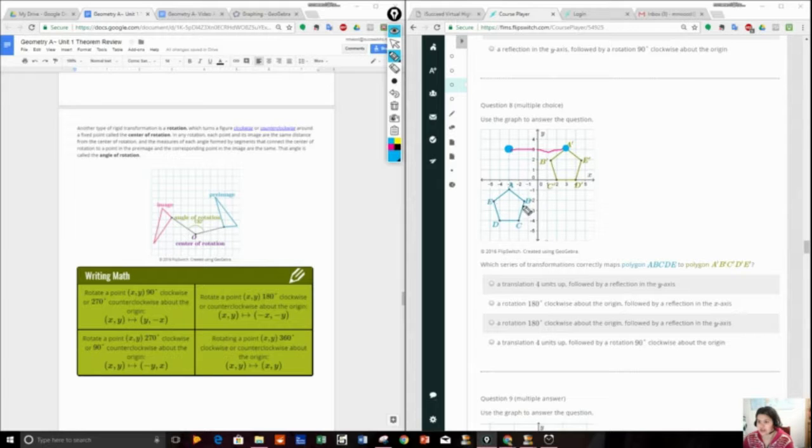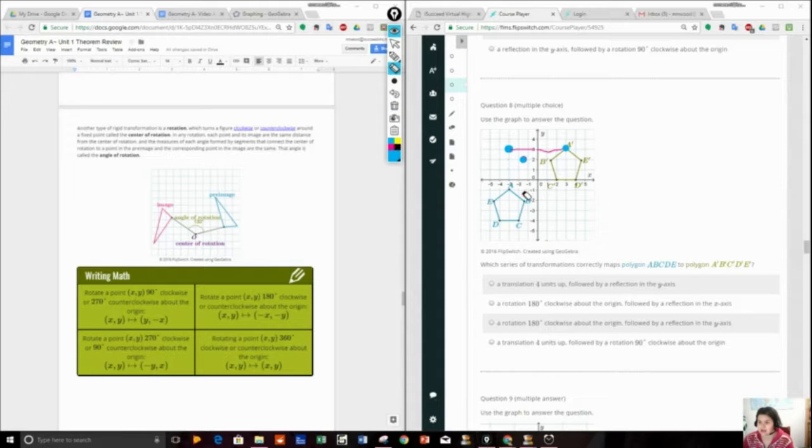So let's check B. Again, we're going to count up 4 units. So then it's 1, 2, 3, 4. So that's where it would be, translated up 4 units.